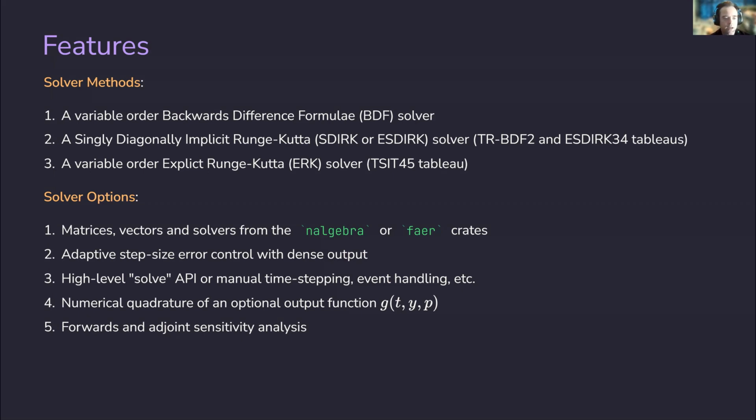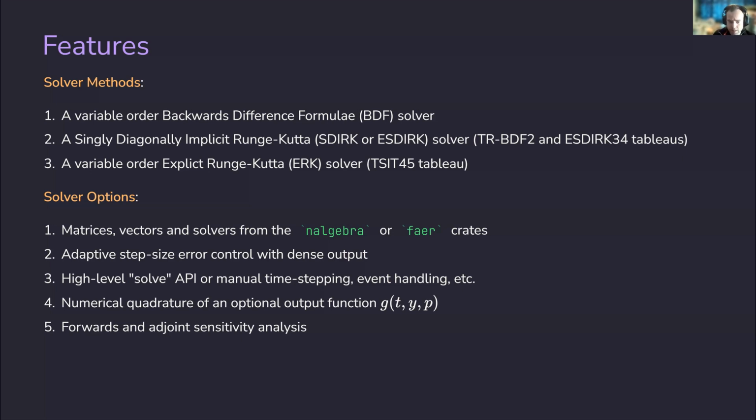Each solver allows you to use matrices, vectors, and linear solvers from either the nalgebra or faer crates. They all have adaptive step size error control with user-defined tolerances and can interpolate solutions to any time point. There's a high-level solve API, which is fairly familiar if you're coming from things like SciPy or MATLAB.